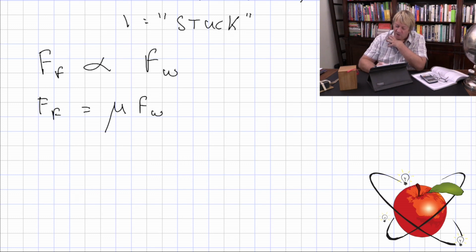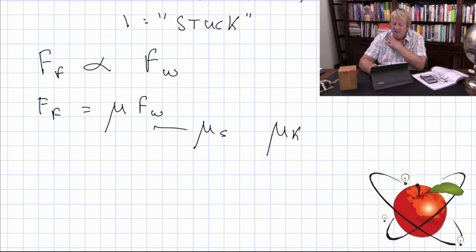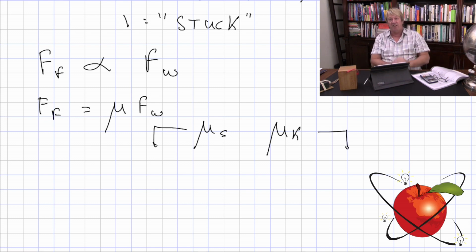Just before we move on and start solving these, you will see mu s and mu k. Let's explain those in quite simple terms. Mu s, static friction. Static, not moving. What does it mean? Let's go back to our example of a crate with your friend in the crate, and you push, and all of a sudden it starts to move and then it feels as if it gets easier to keep it moving.